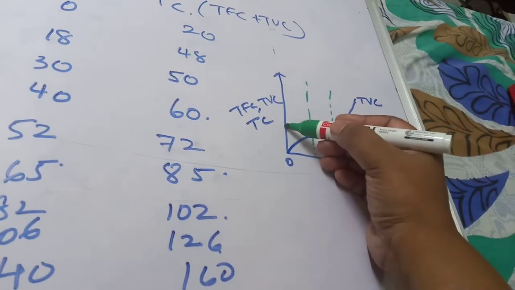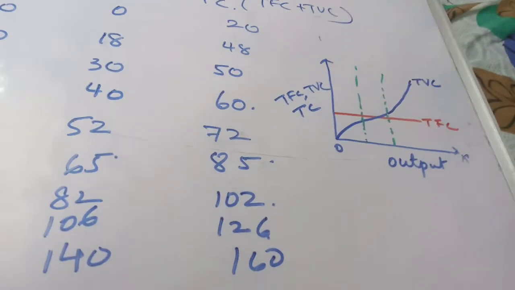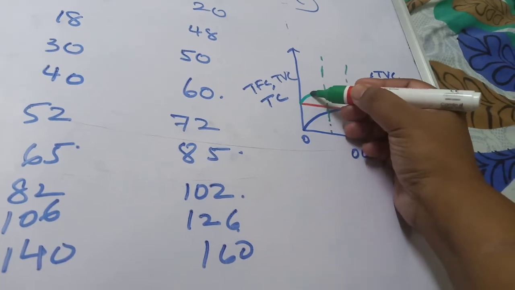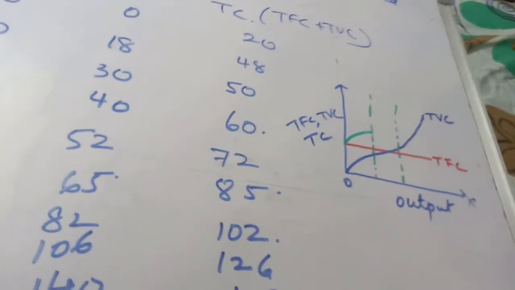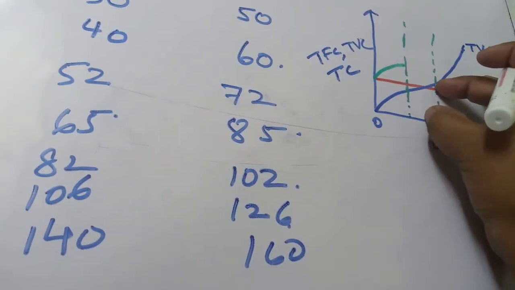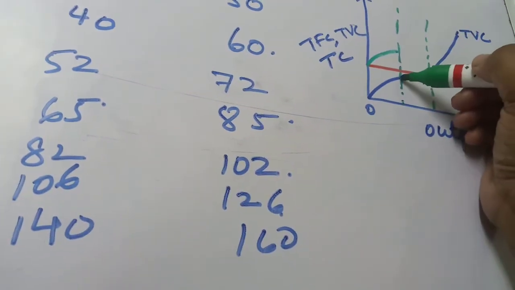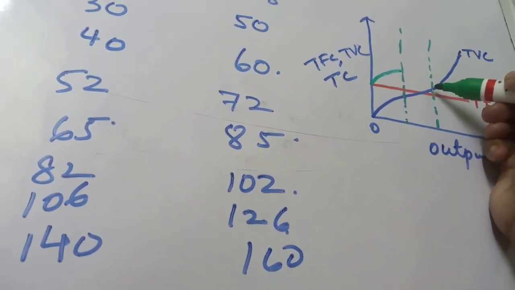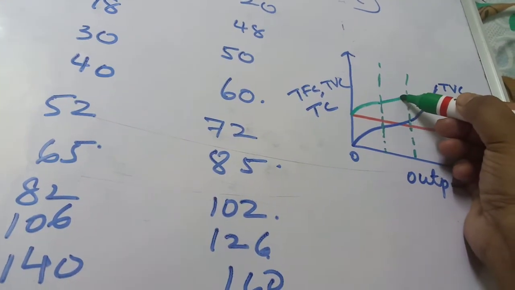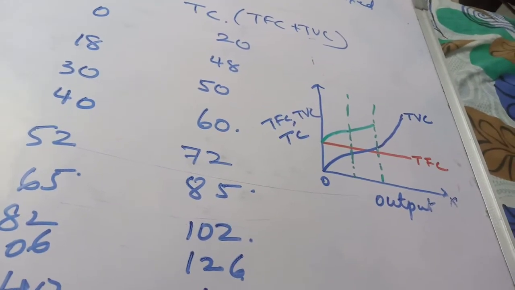So what is happening till the point TVC is increasing at a diminishing rate, you will find that TC is increasing at a diminishing rate with the constant distance of TFC. So you'll find that this distance is equal to this distance. Again, this distance is equal to this distance. Then at this stage your TVC is increasing at a constant rate, so your TC will also increase at a constant rate.